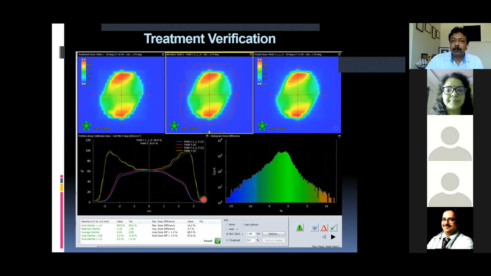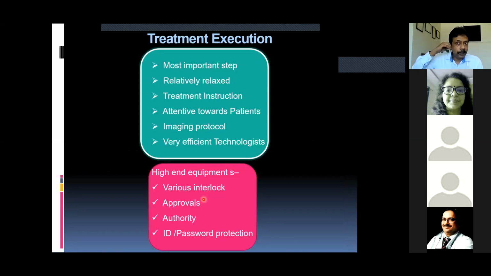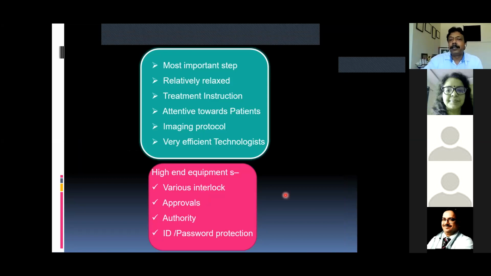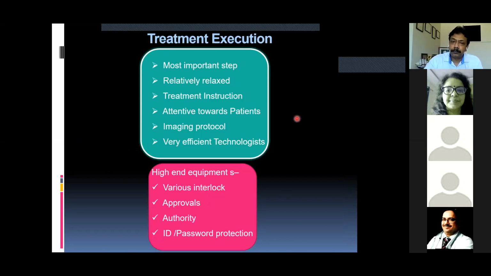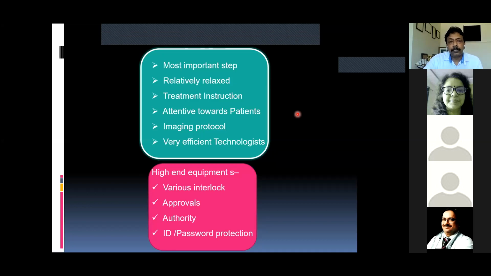Now the treatment execution is the most important step, but we clinicians and radiation physicists are relatively relaxed in this part. They think that treatment planning and quality control are already done properly, so treatment will be executed automatically. But we should clearly instruct our technicians about the treatment procedure, what type of methods, and this should be in an unambiguous way.